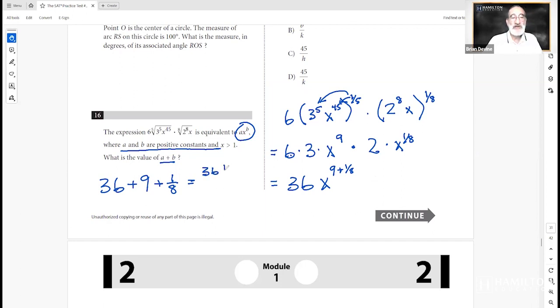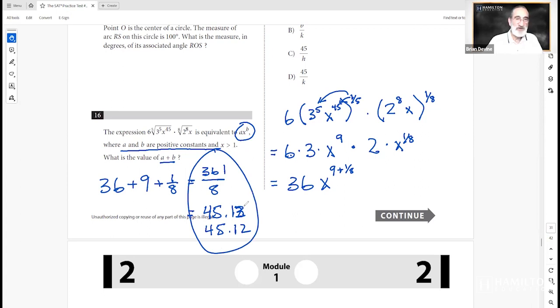So 361 over 8. Or I could put it in as 45.12. Oh, actually, I only have 5 spaces, so 45.12 or 45.13. Either of those were potential answers.